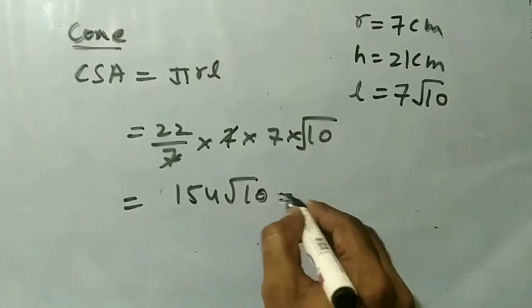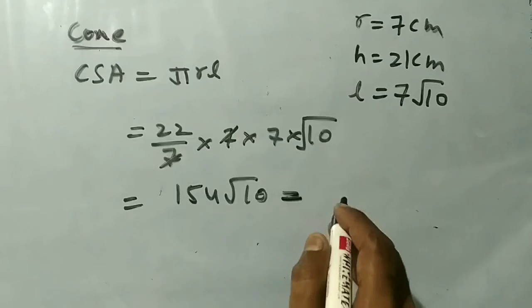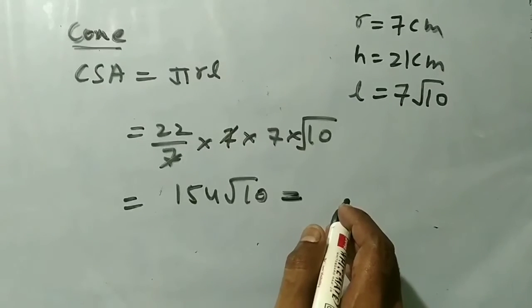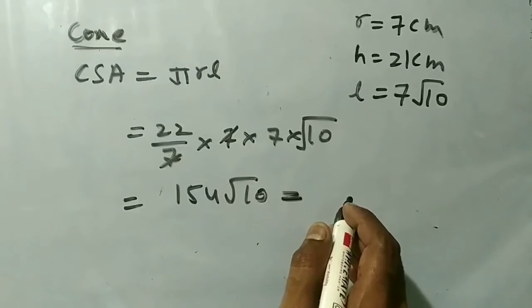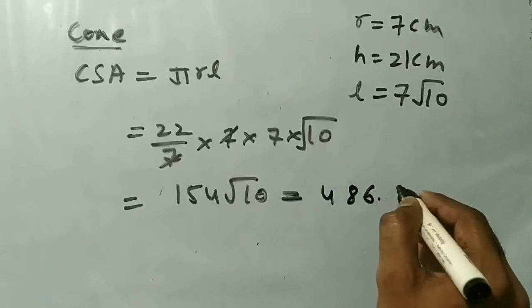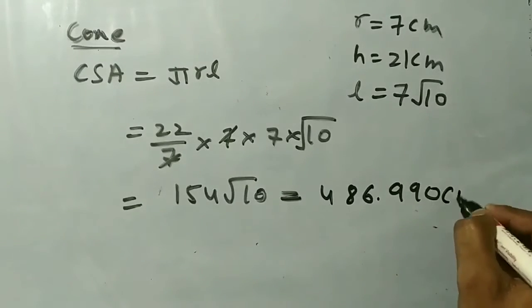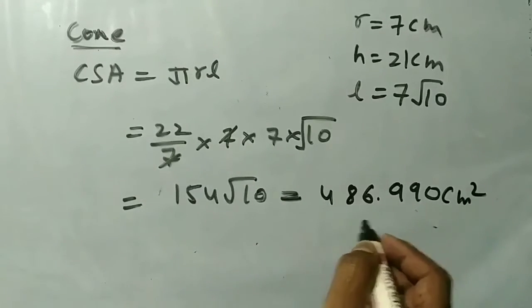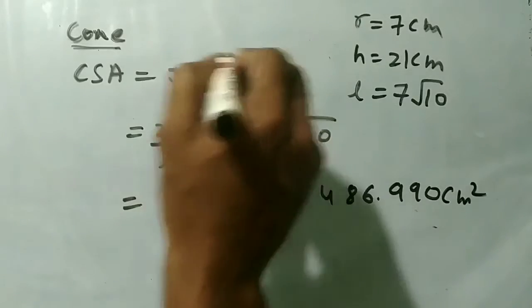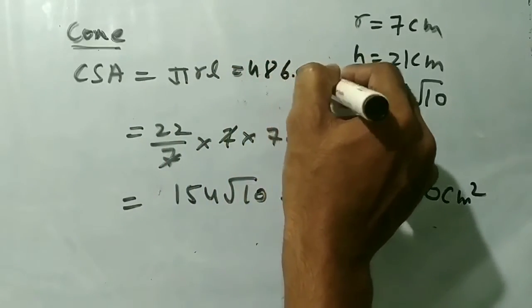If you evaluate it, you will get 486.990 centimeter square, which is the cone CSA that we got.